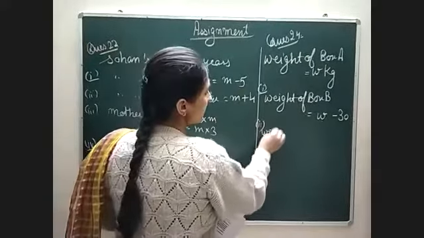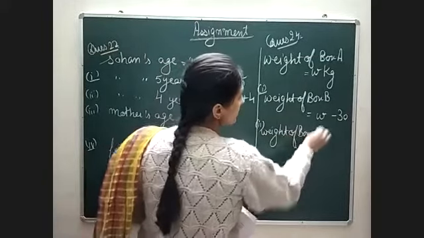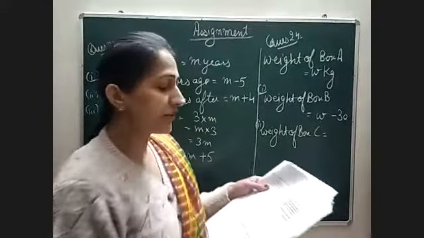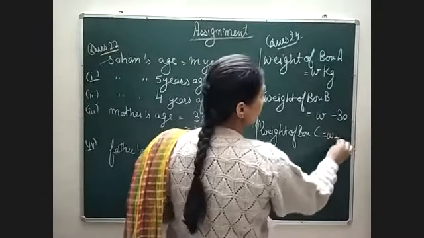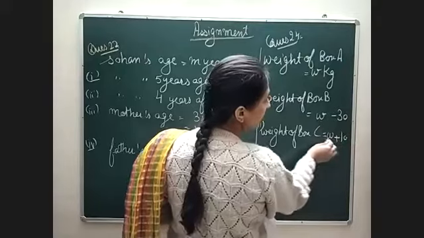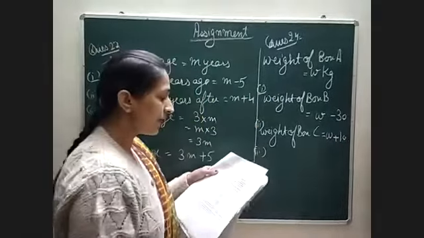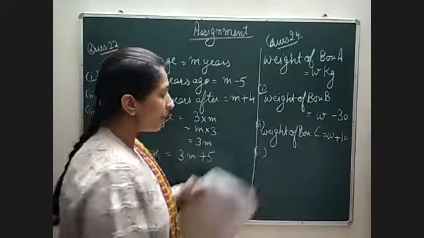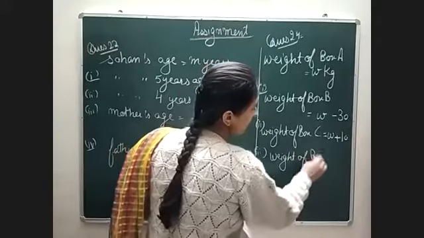Next is weight of box C, and what is that? We are given 10 kg more than A. We will add 10 to the weight of box A. Part 3, and here we have to find weight of box A and B together.